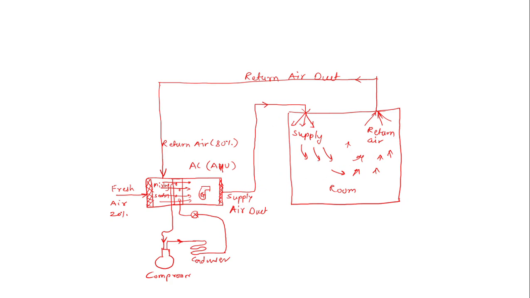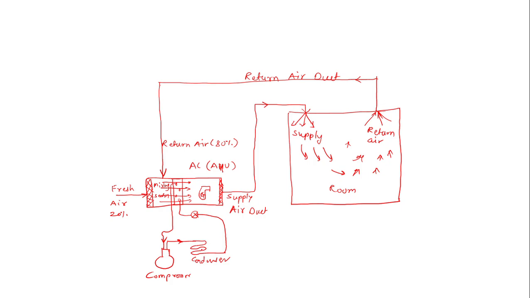Warm and cool. Now the refrigerant, which has taken the heat from the air, will be given back to the compressor. From the compressor, the refrigerant is supplied to the condenser at high pressure, high temperature. In the condenser, the heat from the refrigerant is given to the atmosphere. So whatever heat was absorbed by the refrigerant in the cooling coil, that entire heat is rejected in the condenser to the atmosphere.